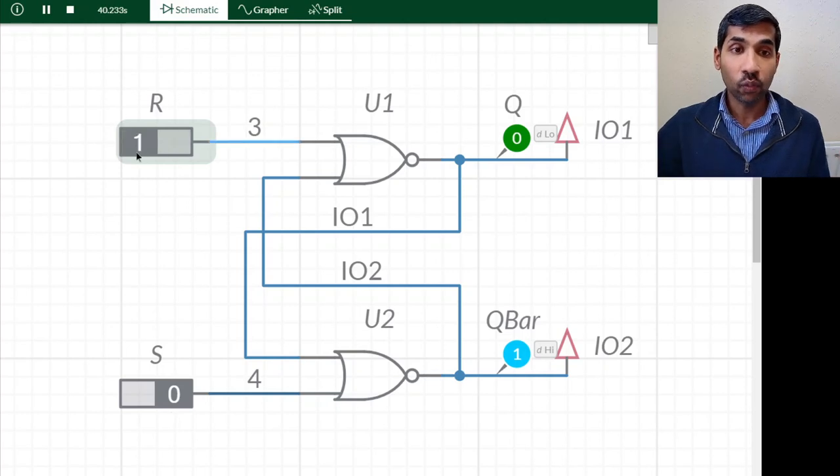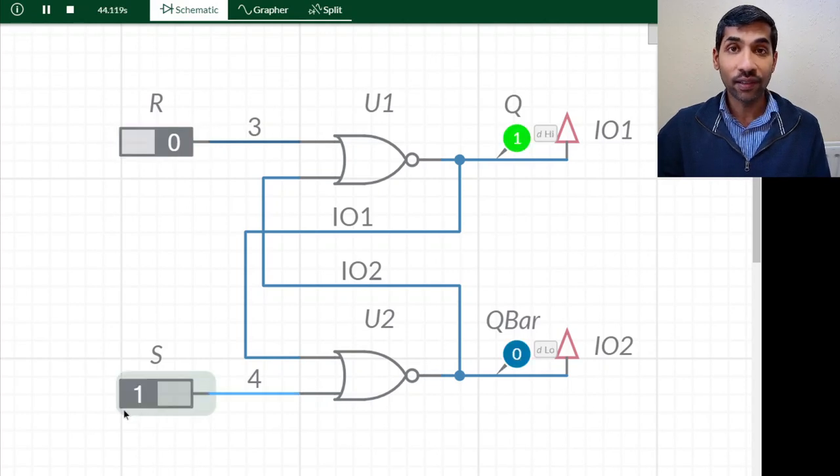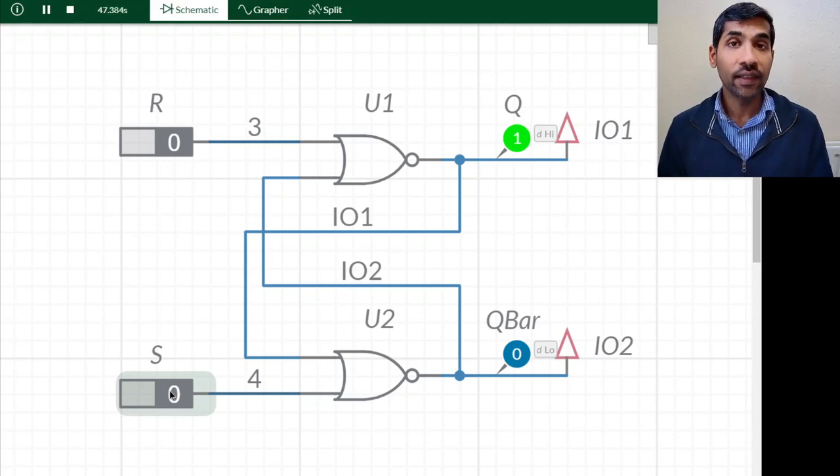If you have put in 1, 0 and then you go back to 0, 0, then your output is what corresponded to 1, 0 as the inputs. And if you go from the inputs 0, 1 to 0, 0, the outputs will correspond to the state 0, 1. So can you see that this is acting as a kind of memory? This is how the SR latch introduces a memory.